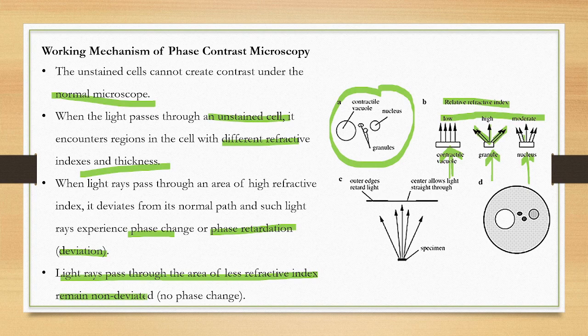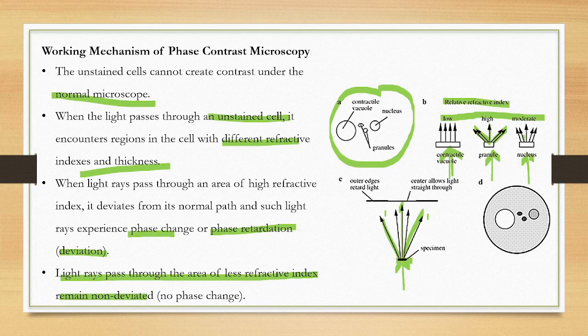The light can easily pass through it without any deviation, so it goes straight. So finally, this is the light rays passing through the specimen. We'll get deviated light rays and non-deviated light rays. So this is called the phase changes.